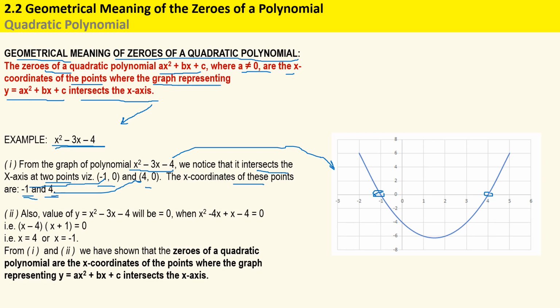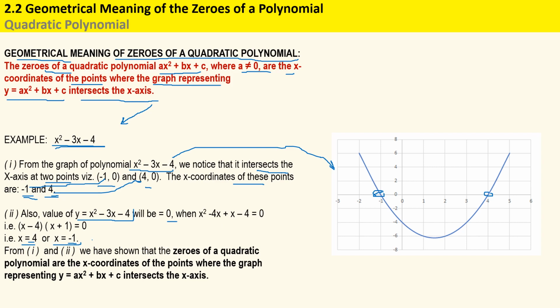Also, the value of polynomial y equals x squared minus 3x minus 4 will be 0 when x is equal to 4 or x is equal to minus 1. So we notice that x equal to 4 and minus 1 are the zeros of the given polynomial.